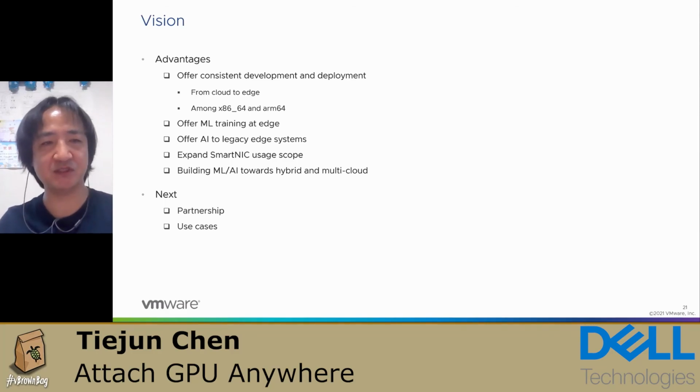It also can help us enable machine learning training at the edge. We attach that cloud GPU to the edge. We can even enable edge AI for legacy edge systems. It also can help us expand that SmartNIC view. More importantly, I think with our solution, we can build machine learning AI workloads towards that hybrid multi-cloud machine learning, one key strategy of VMware.